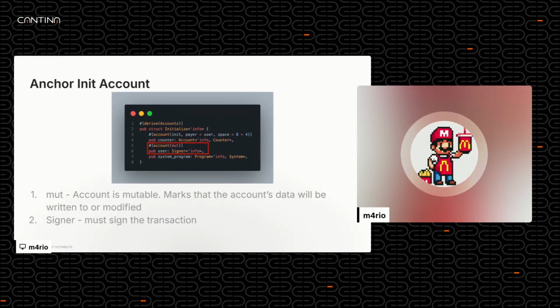Going to the next field, user signer and mut there. What does that mean? Well, mut basically means that the account is mutable. It marks that the account data will be written or modified. You may think, but we don't modify the user signer, right? Well, we do, because we have to pay for the account initialization, so the lamports of that account are different.